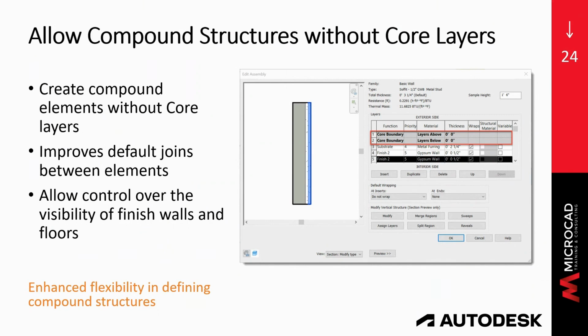To ensure that the wall joints work properly, you might want to make sure that you relocate all layers to the interior or the exterior side of the wall assembly, just to help you out. If you have dimensions that are referencing the core center line, the core face exterior, or the core face interior in an element, that dimension will be deleted after the core is modified and becomes empty. Just keep that in mind.